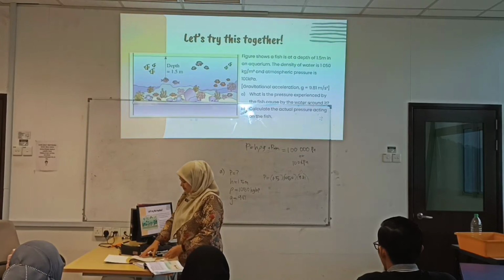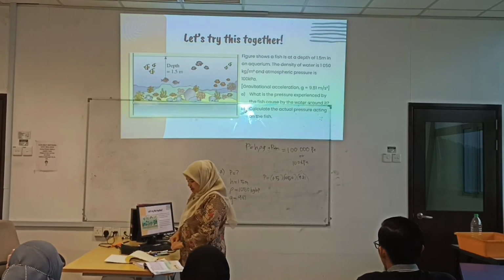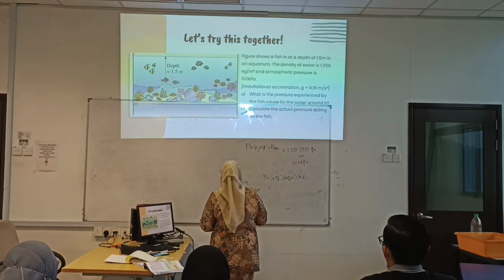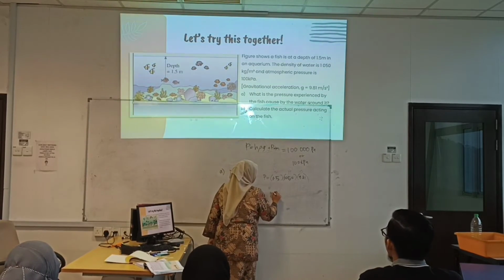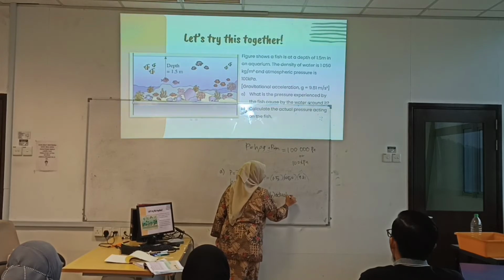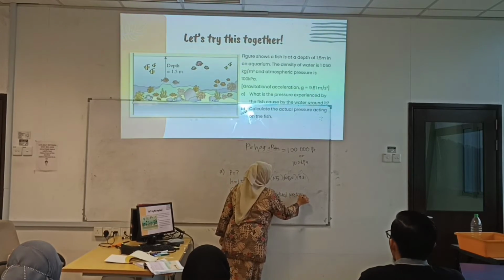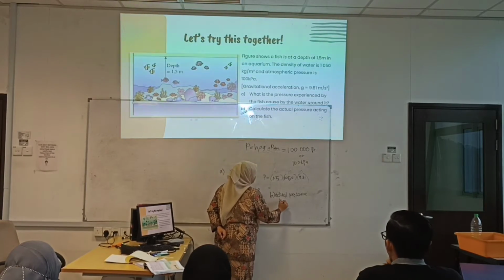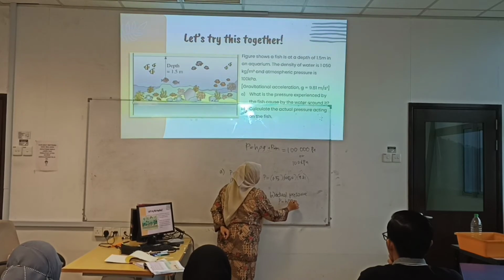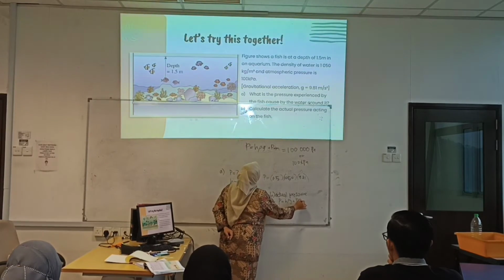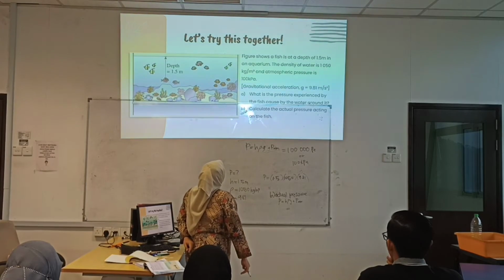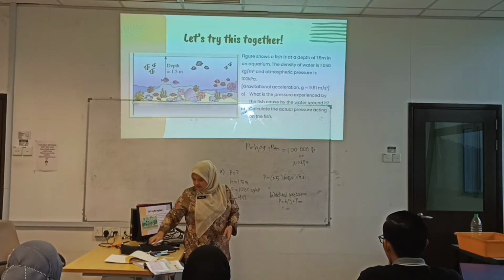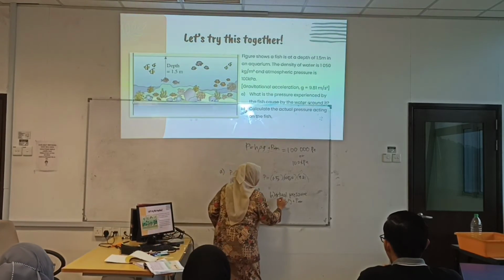Okay, and then for B, we have to calculate the actual pressure acting on the fish. Remember what I said? When the question is asking for the actual pressure, you need to add atmospheric pressure. Yes. So P equals H rho G plus atmospheric pressure in the sea. This part we have calculated previously.